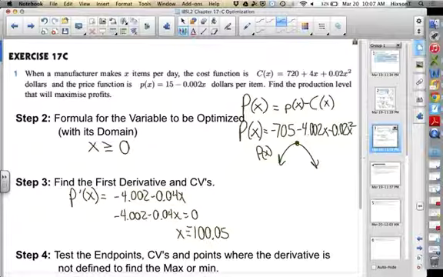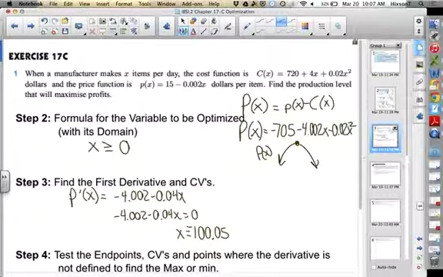Okay, this one is not defined real well. Let's take a look at this. It says the cost function is this many dollars, period. The price function is this per item.